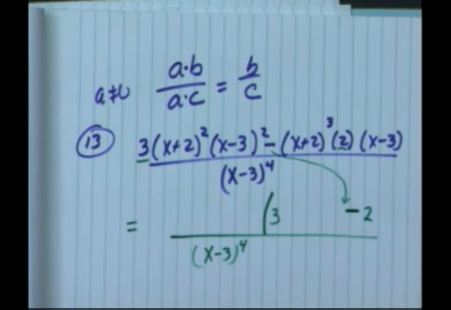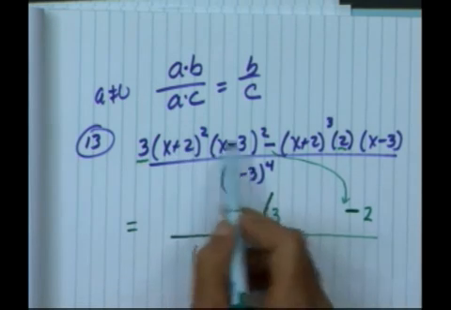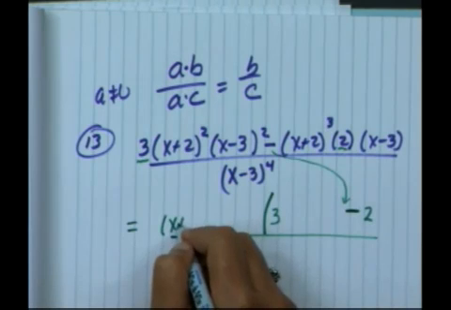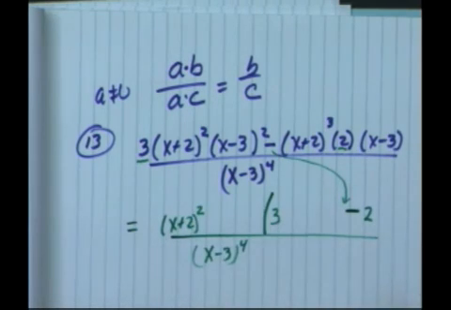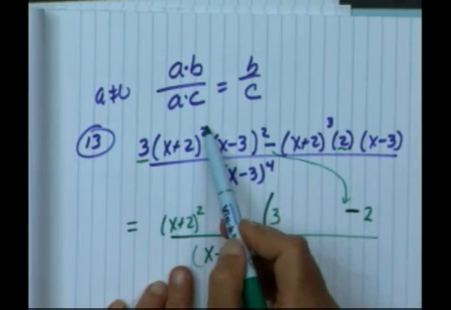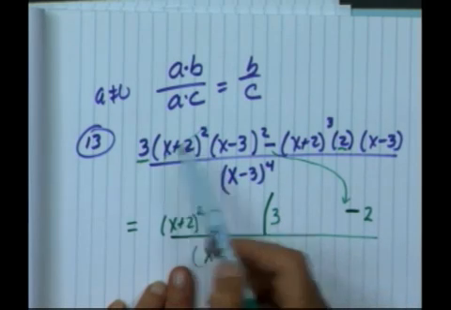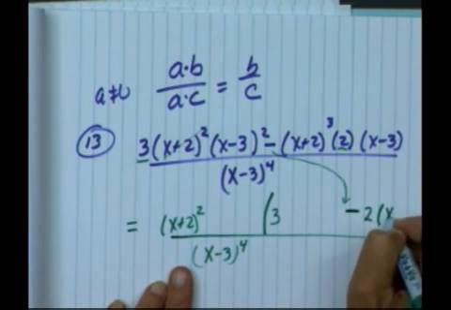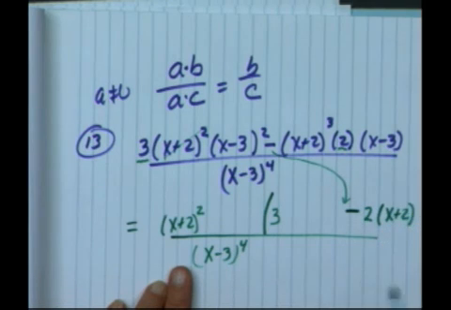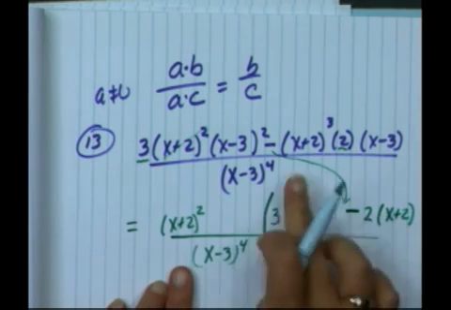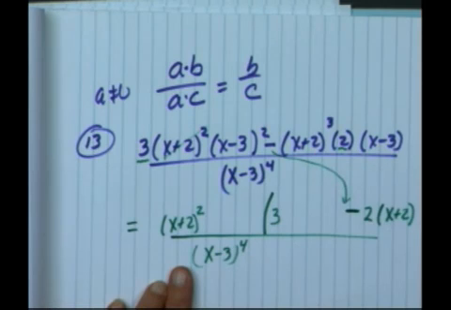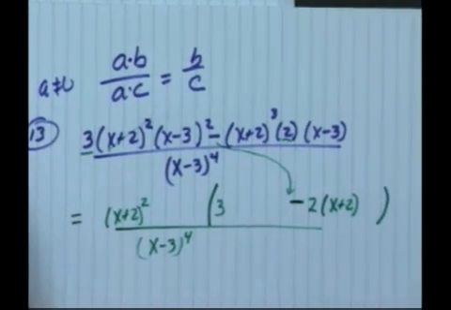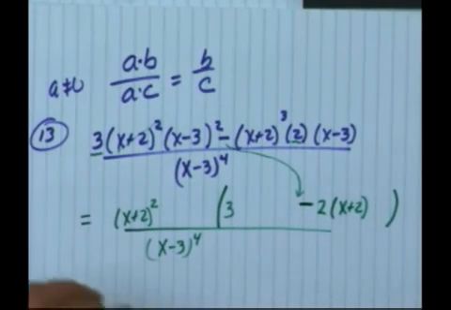How many are you going to pull out? 2 of those: (x plus 2) squared. So I've pulled all of them out of the first term, and I'm left with 1 factor in the second term. If you multiply back, you're right back here.